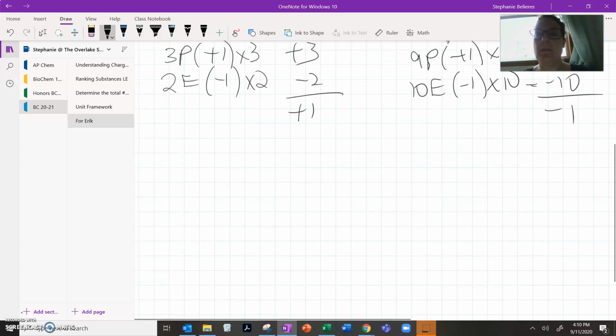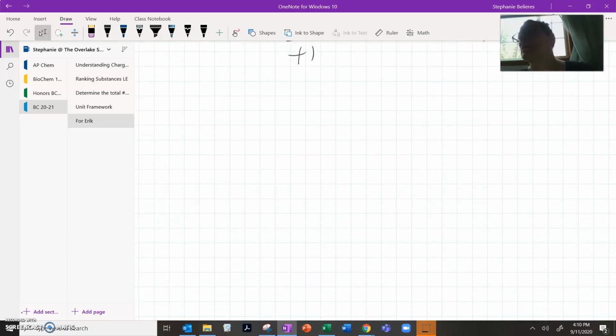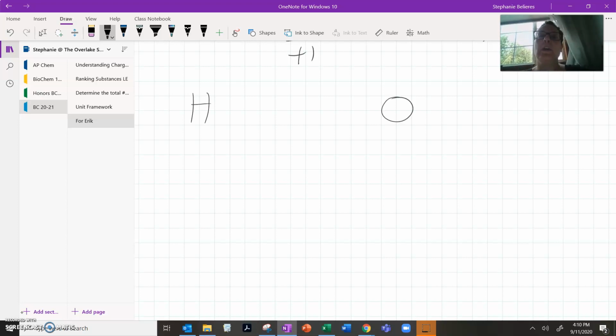Okay, now let's imagine that we have something a little different. Let's say we're looking at hydrogen and oxygen, for example. Neither one of those two atoms has enough pull capacity to rip electrons off.